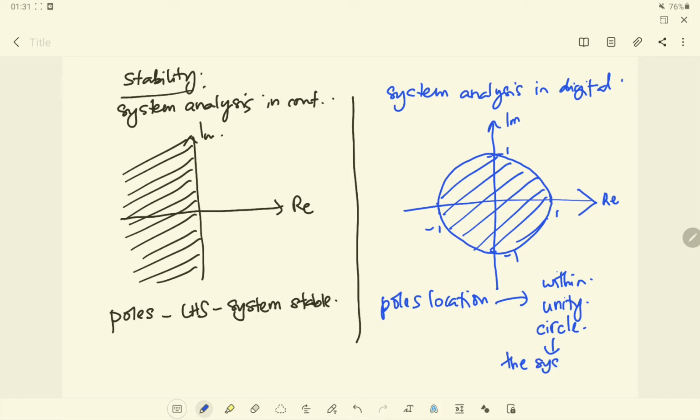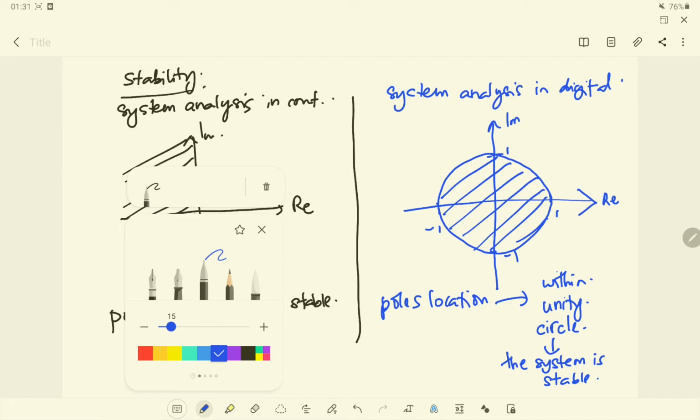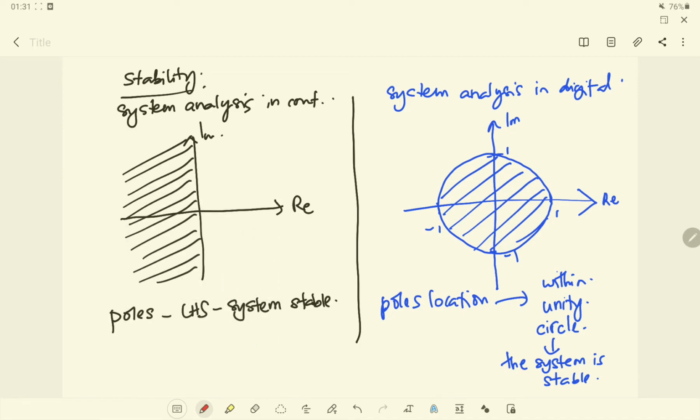One more time: for system analysis in continuous forms, if the location of the poles is on the left hand side of the S-plane, the system is stable. While for system analysis in digital forms, if the poles' locations are within the unity circle, the system is stable.